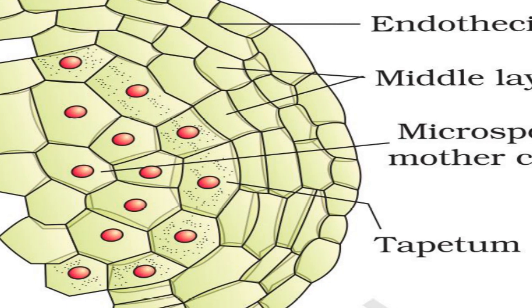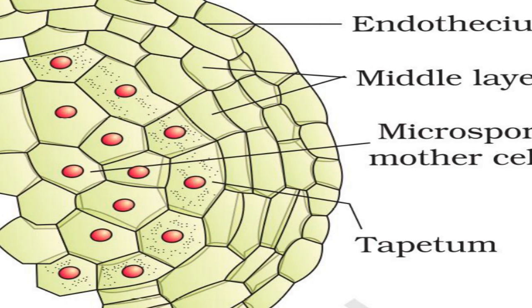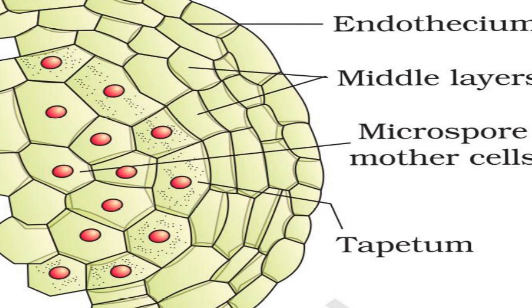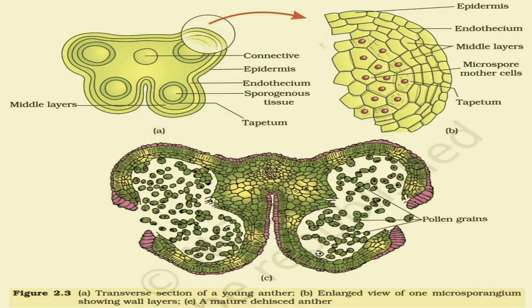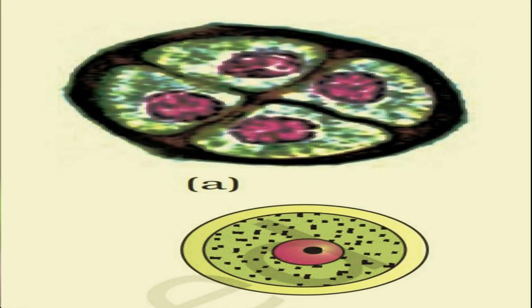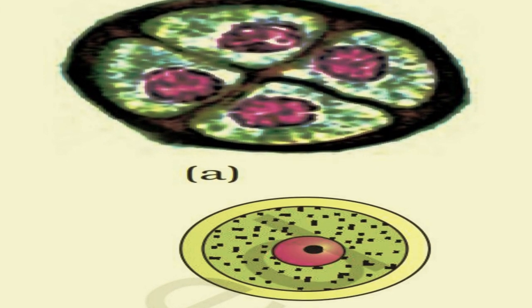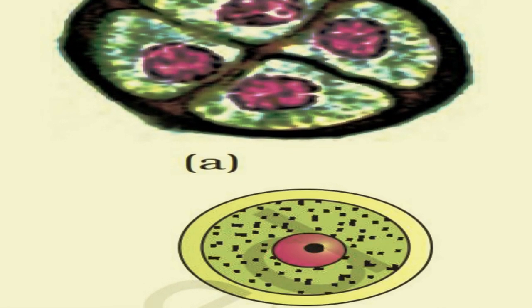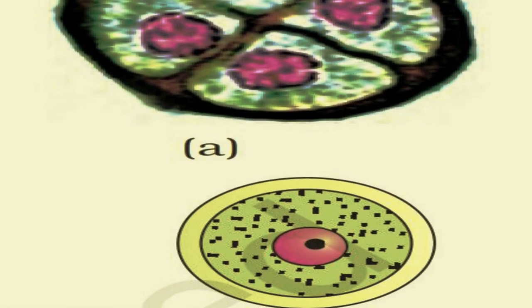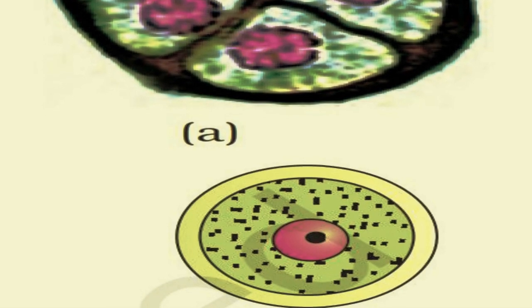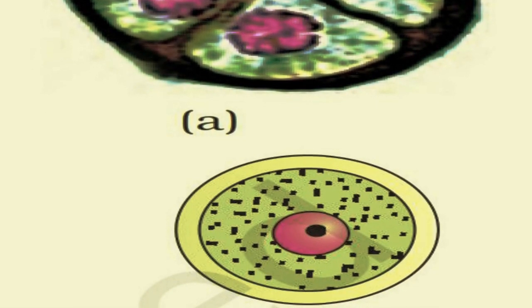Thus, each is a potential pollen mother cell, or we can say microspore mother cell. The process by which microspores are formed from a pollen mother cell through meiosis is called microsporogenesis. As a result, each PMC undergoes meiosis to form a tetrad of four haploid microspores.